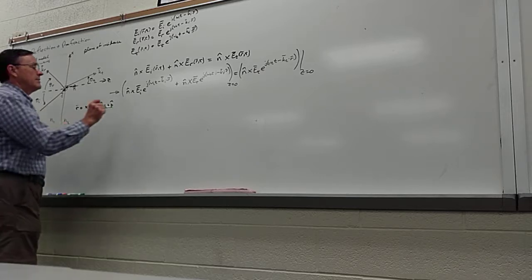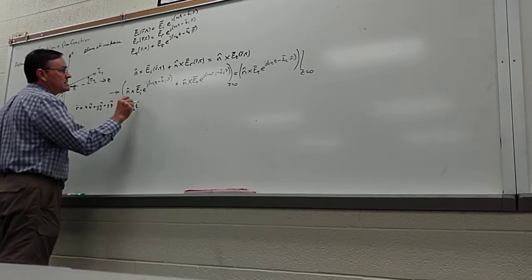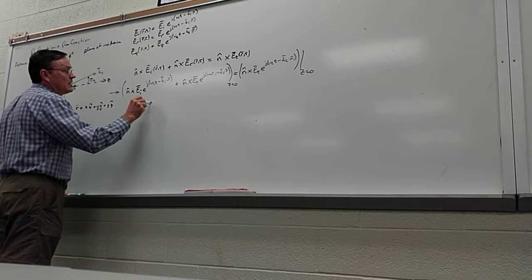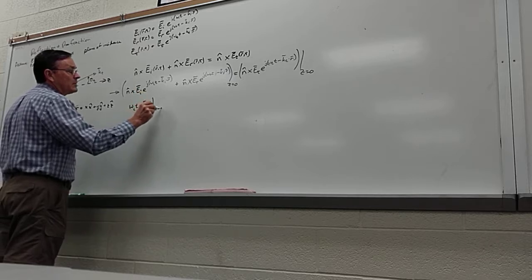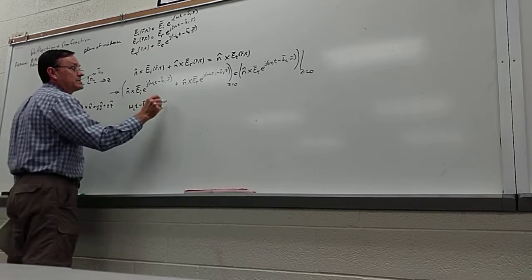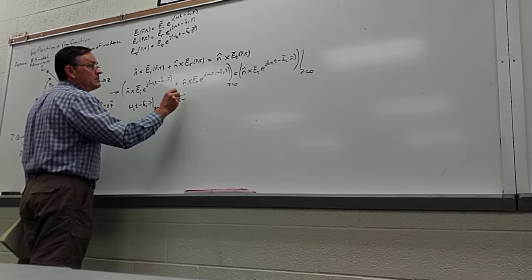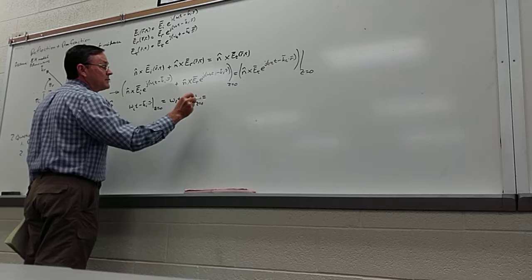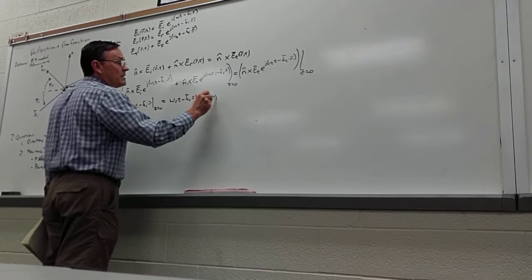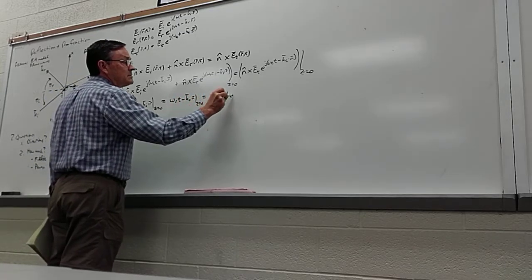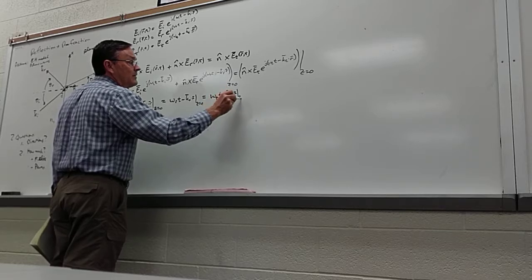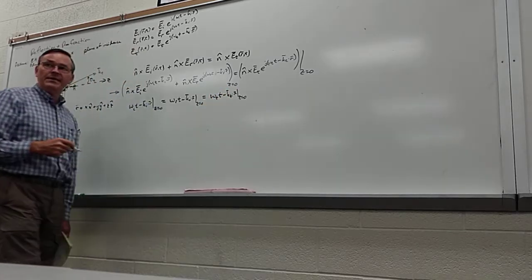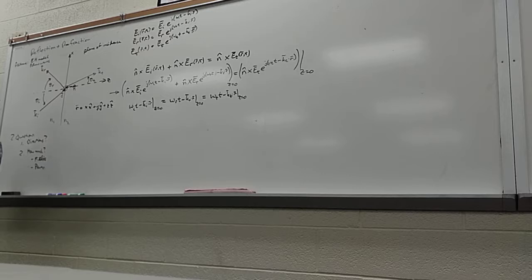So we must have that omega_i t minus k_i dot r, evaluated at z equals 0, has to be equal to omega_r t minus k_r dot r, evaluated at z equals 0, has to be equal to omega_t t minus k_t dot r, evaluated at z equals 0. That has to be true for all time and all positions on the boundary.